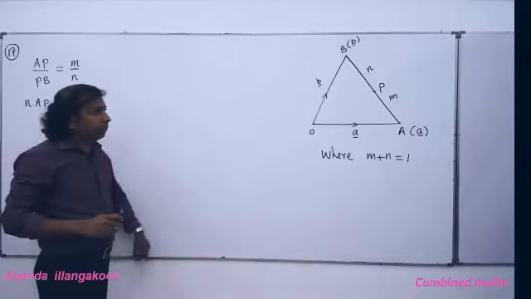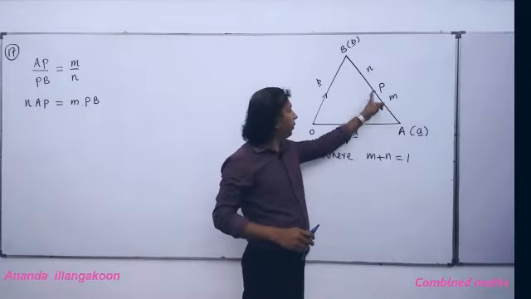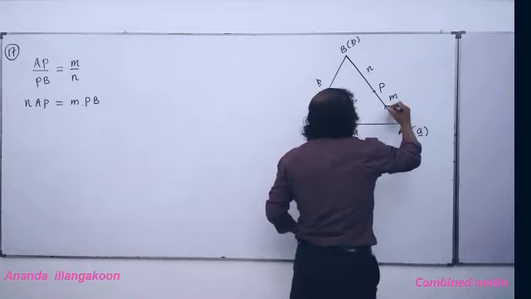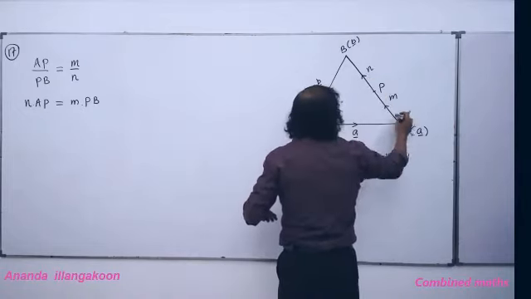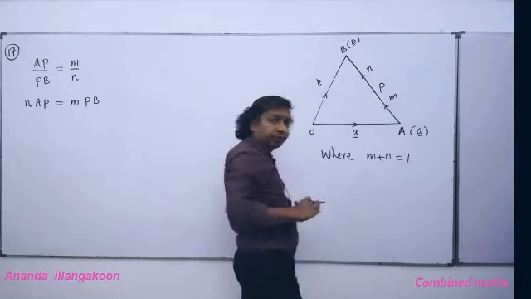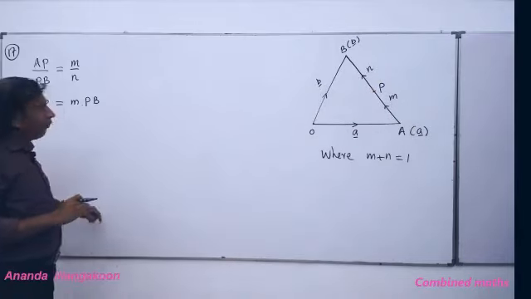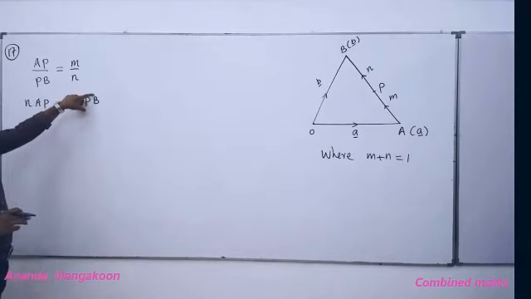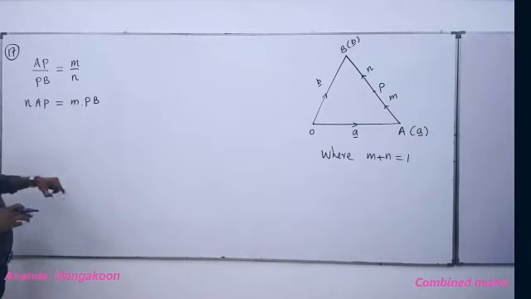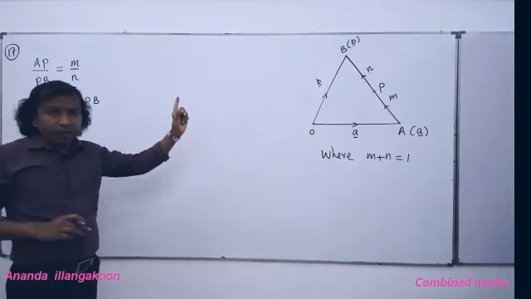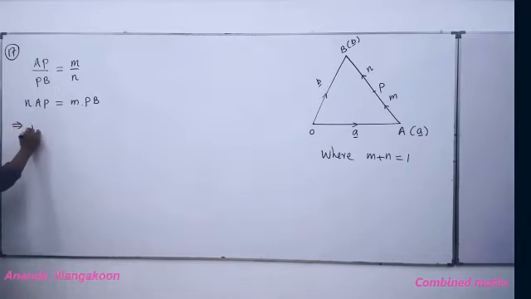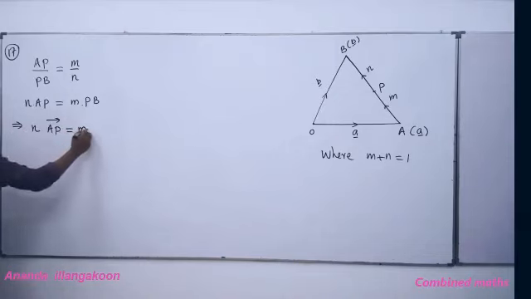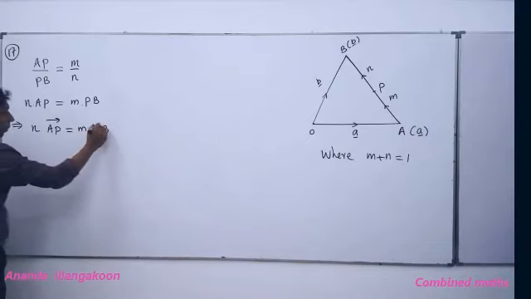N times AP, A to P, means we move along this way; P to B, P to B, the same line, same directed directions. So therefore we can apply vectors on the left and right segments because of same line, same directed directions. This implies N times AP vector is equal to M times PB vector.